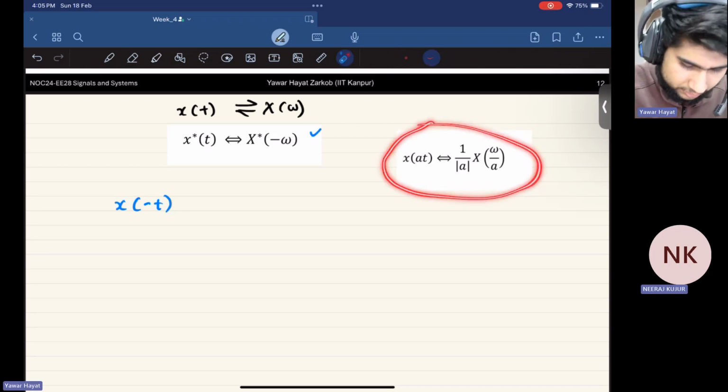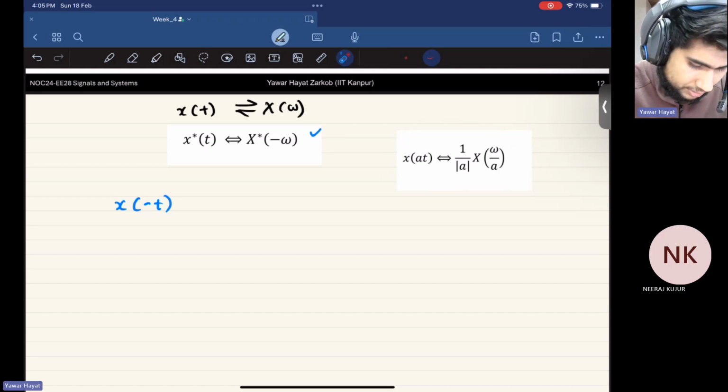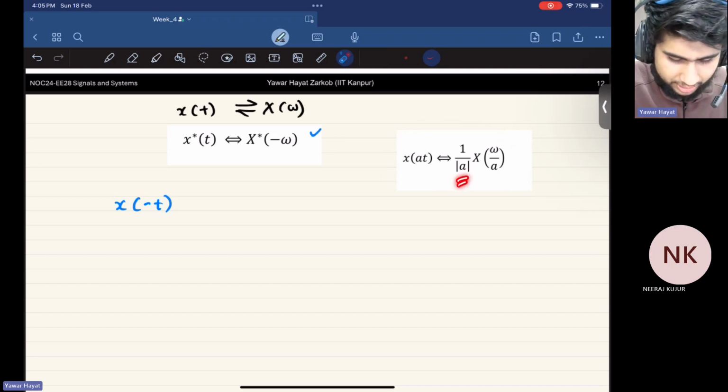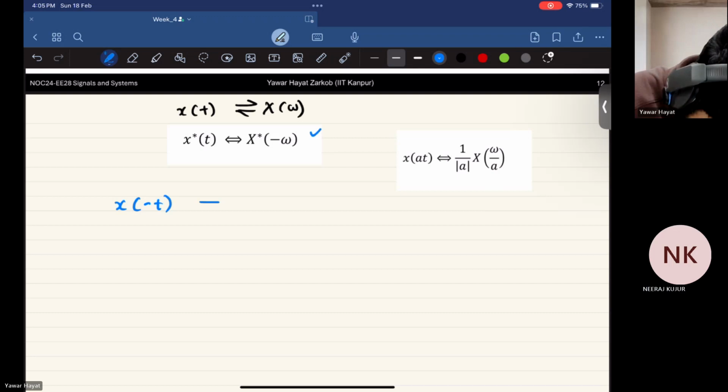Sir, this second one. Yes, raise minus 1. Now, modulus of minus 1 is plus 1, right? So this factor would be 1. So I'm left with this minus 1. So this would be x of minus omega. Agreed? Yes, sir.